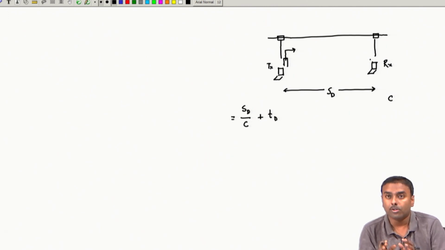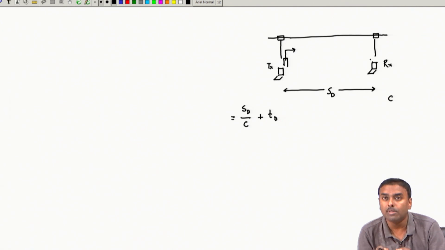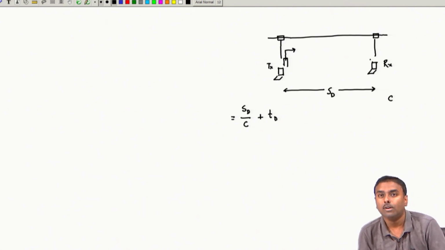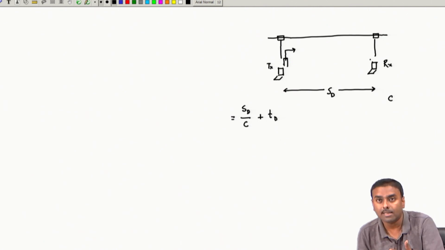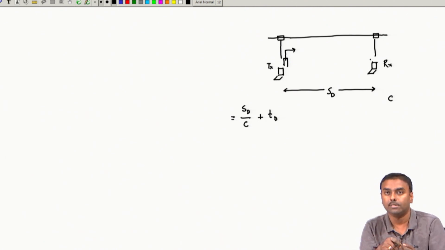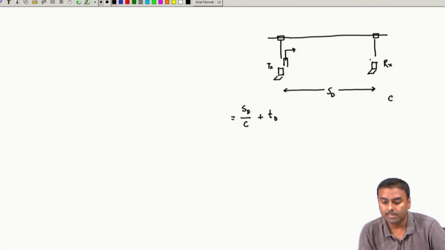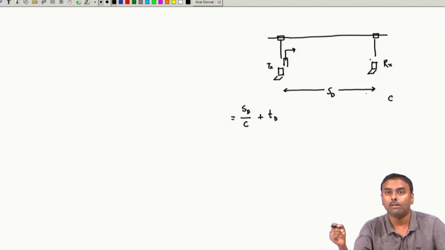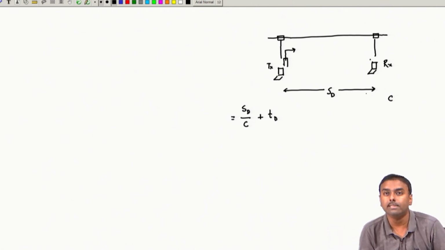For collision, we have also talked about the vulnerable period, that means the period over which others cannot detect my presence, can start transmitting, and then I detect the collision. This happens due to the distant location of two nodes, and there is a finite propagation delay between them.